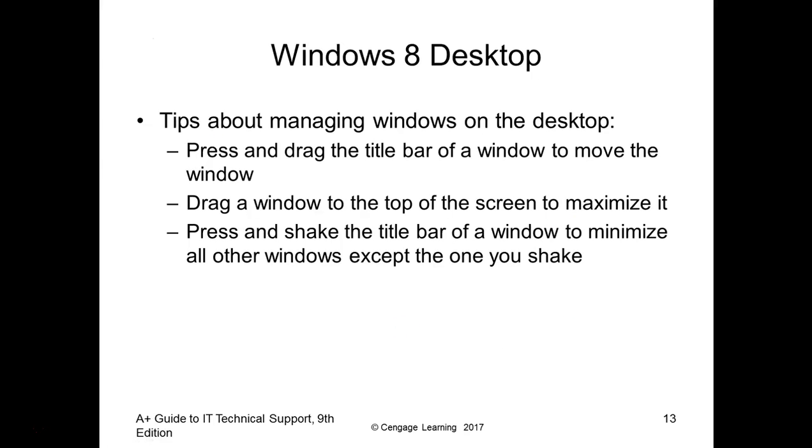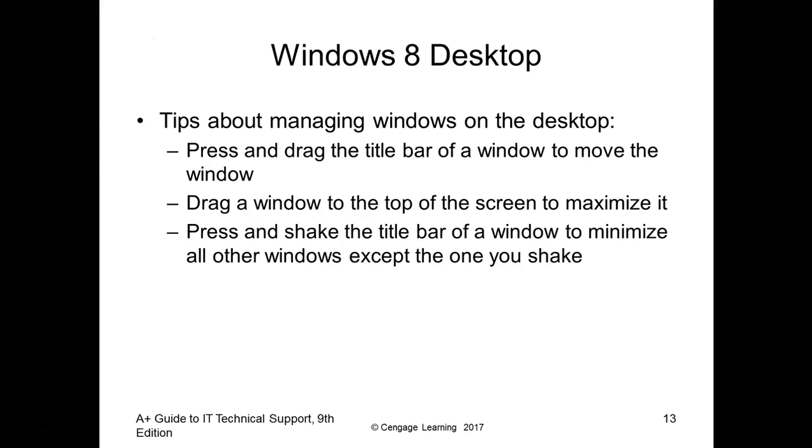Okay, so as far as managing your desktop, if you need to move stuff around, if you're familiar with some of the features of Windows 7, they're still here in Windows 8, which is kind of nice. Okay, so you can click and drag title bars to move windows around. If you drag it up to the top, it'll maximize the window.